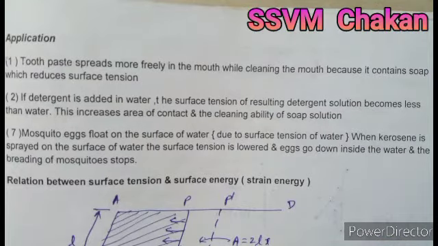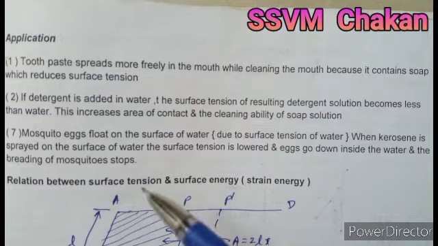Toothpaste freely spreads in your mouth because toothpaste contains soap solution, which reduces the surface tension of our saliva. Because of that reduced surface tension, toothpaste freely spreads in our mouth.